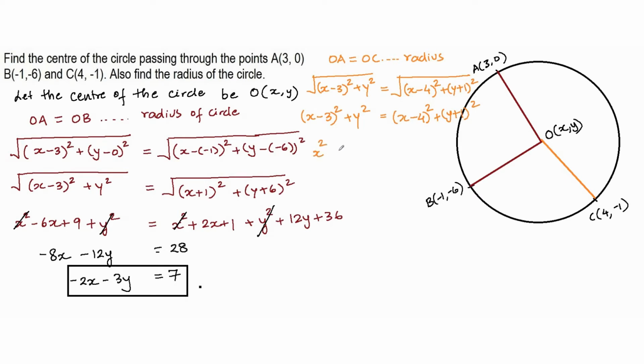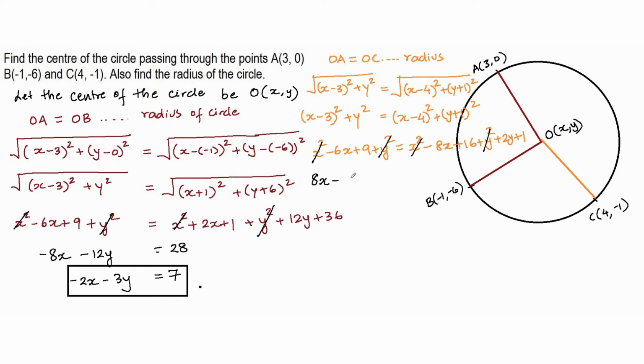Expanding, I get x square minus 6x plus 9 plus y square is equal to x square minus 8x plus 16 plus y square plus 2y plus 1. Now I can cancel out some like terms. So x square and x square cancel, y square and y square cancel. Let me shift the minus 8x to the left hand side.